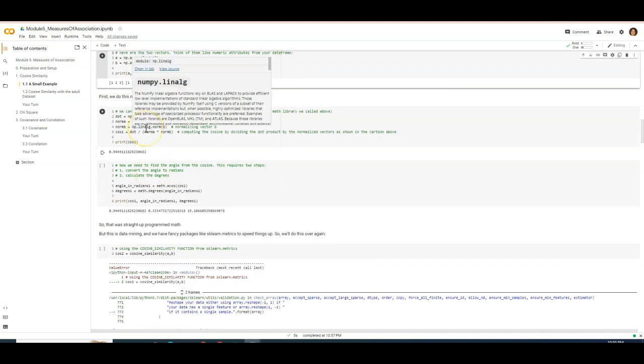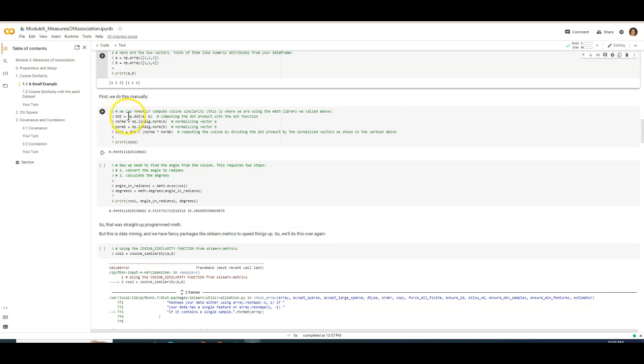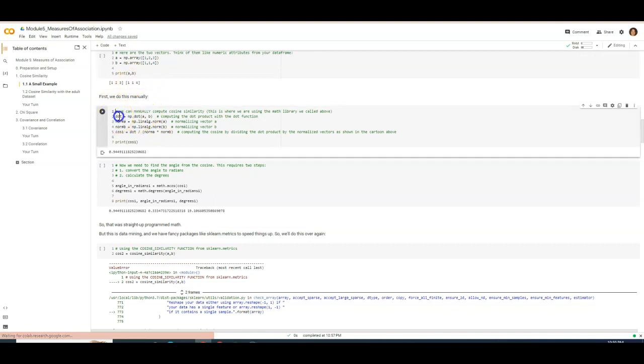The first thing we're going to calculate is the dot product. So we're going to use NumPy dot A and B, and that gives us the dot product, which we have now stored in dot. Then we're going to normalize vector A, and that also involves calculating the length of the vector right here.